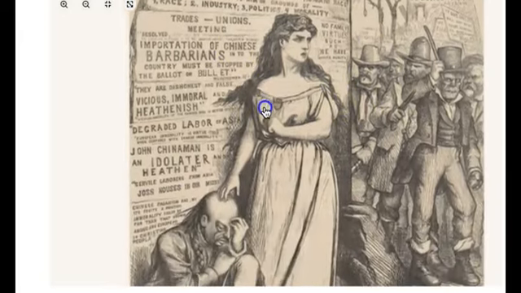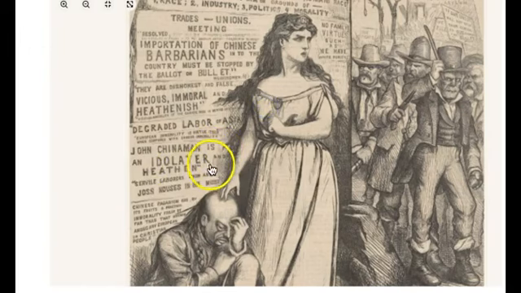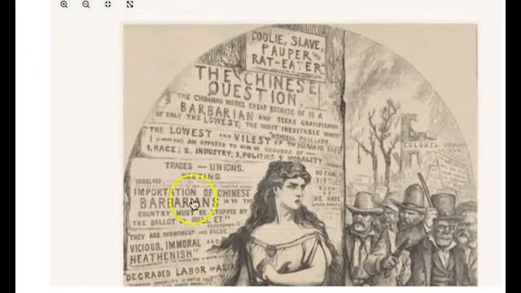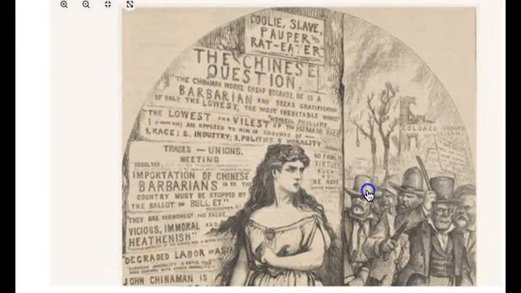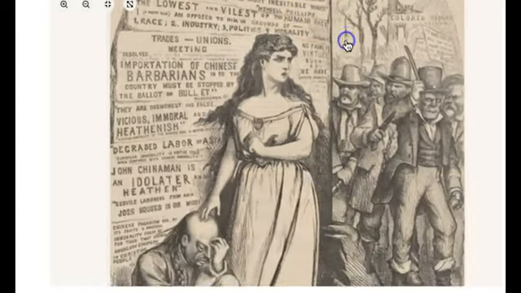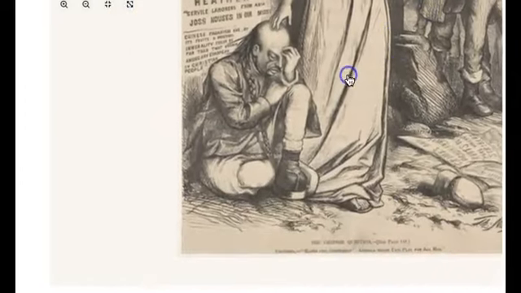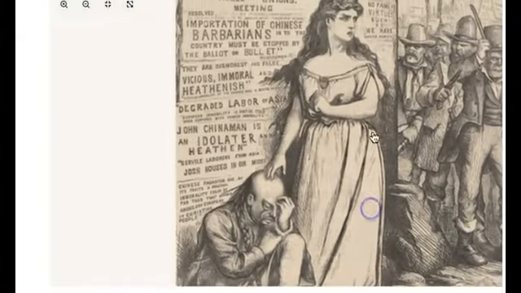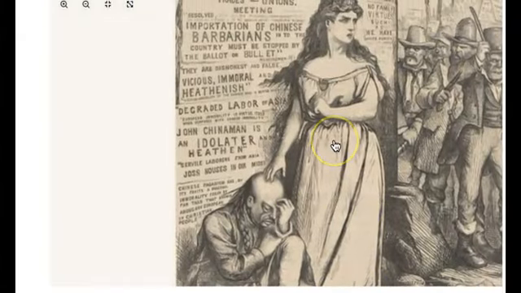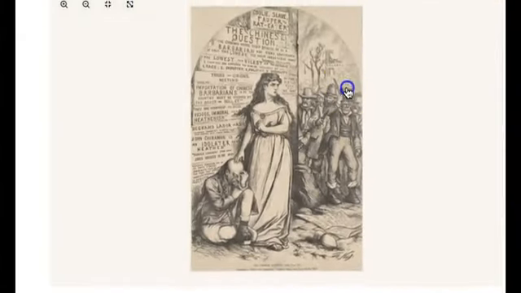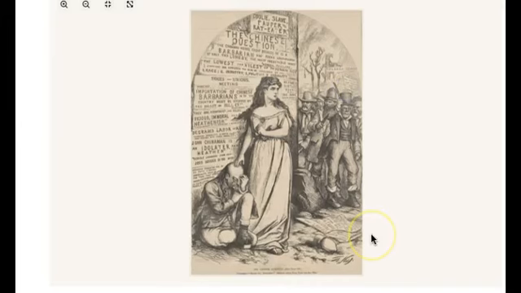We can see here they're also referred to as heathens, trying to sort of vilify the Chinese. Over here, they are the vilest of the human race. And so with that, we can see that this Lady Liberty figure is trying to maybe protect this immigrant, to give them this sort of refuge that would be expected for a place like the United States that was built on immigrants coming in the first place.